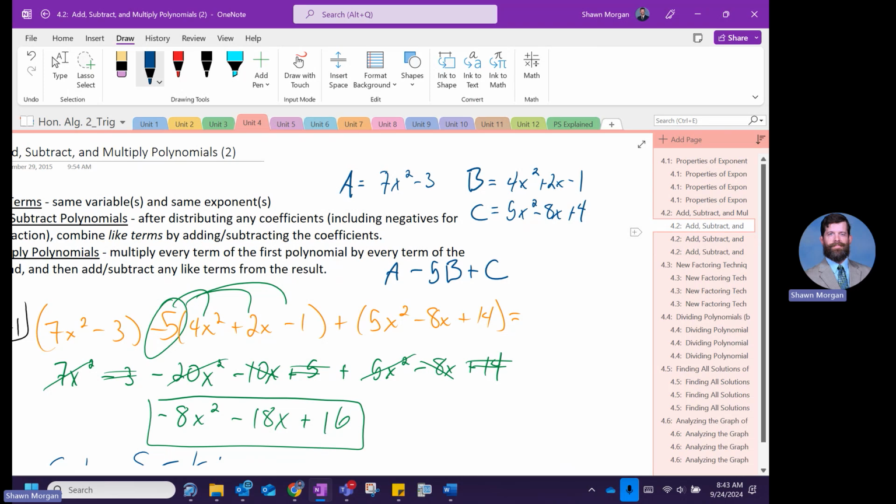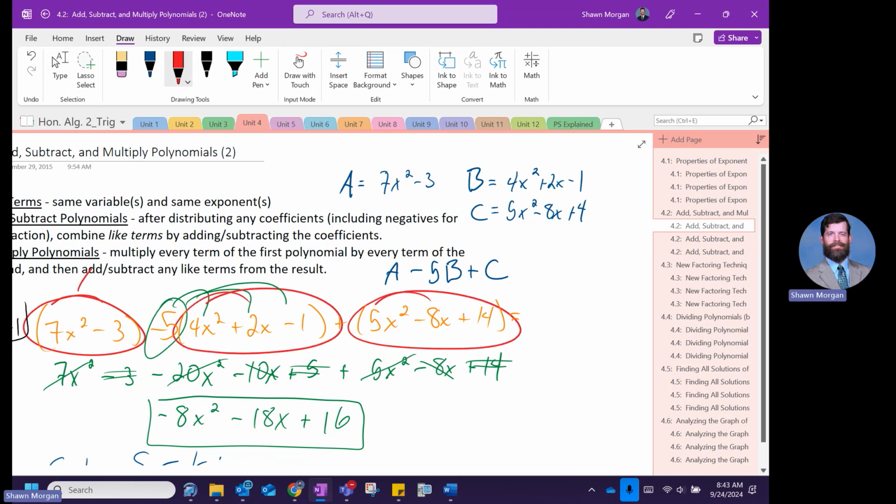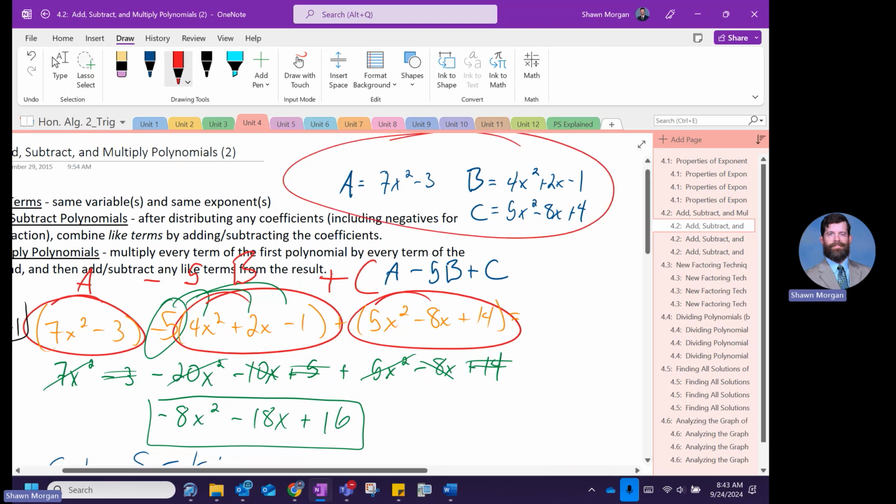They're literally just saying, call this A, call this B, call this C, and we're going to do A minus 5B plus C. Same exact problem, you get the same exact answer. It's just an added layer of complexity, so be on the lookout for that. That's a little ACT strategy where they all of a sudden throw A, B, and C in there, and you lose your brain.